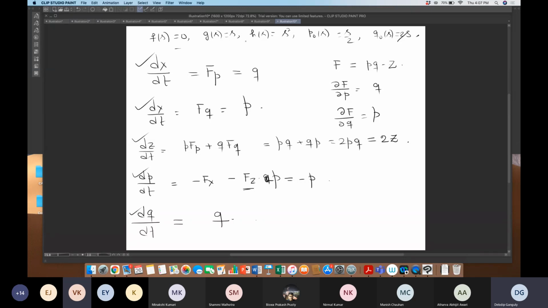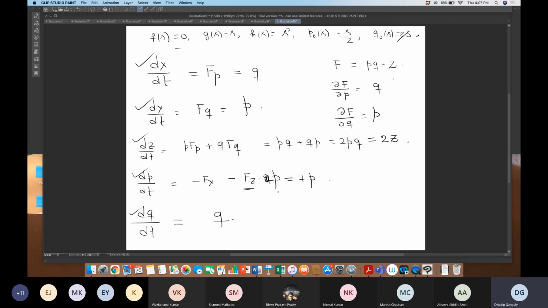Sir, fz is equal to minus 1. So dp by dt is equal to plus p, and dq by dt is also plus q. Let me check: dp by dt equal to minus fx, this is 0, minus fz. fz is minus 1, so this is plus 1 into p.